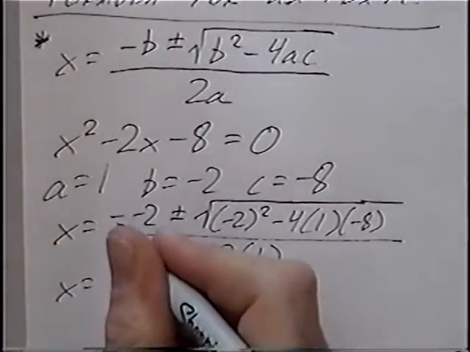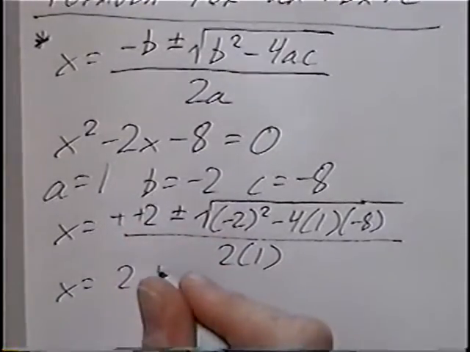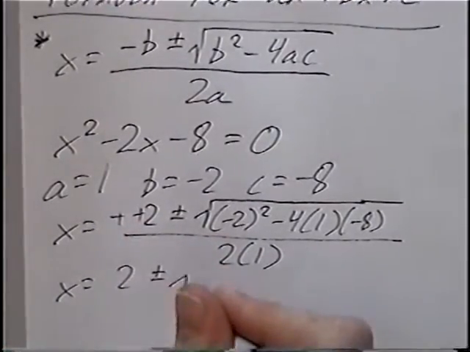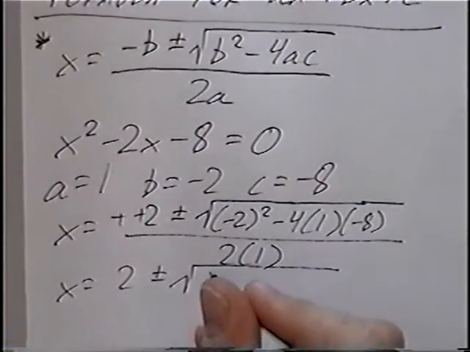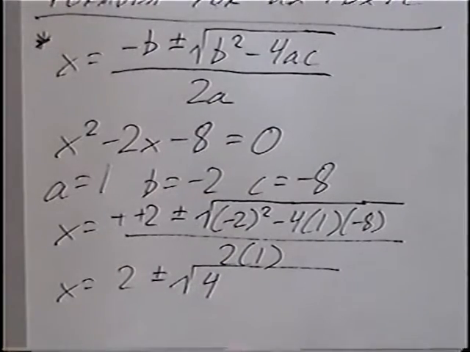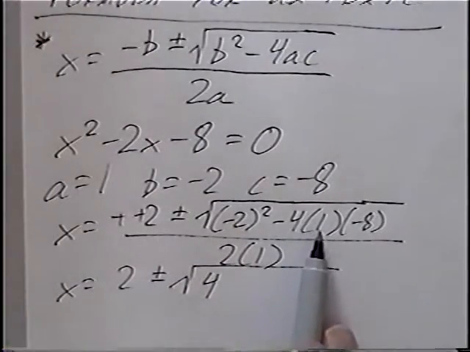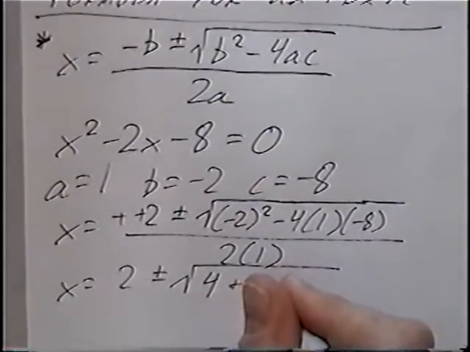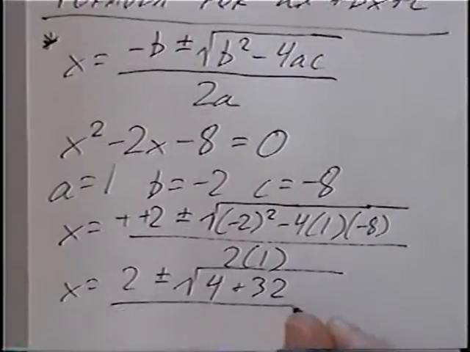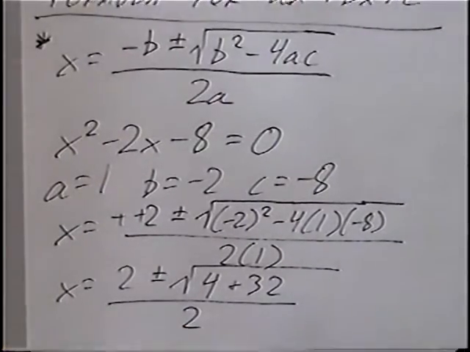A minus minus 2 would be a positive 2, plus or minus negative 2 squared. Negative 2 times negative 2 would be positive 4. Negative 4 times 1 would be negative 4. And negative 4 times negative 8 would be positive 32. Divided by 2 times 1, which would be 2.